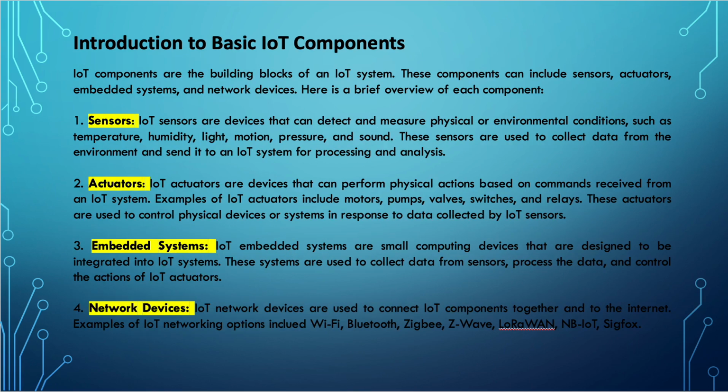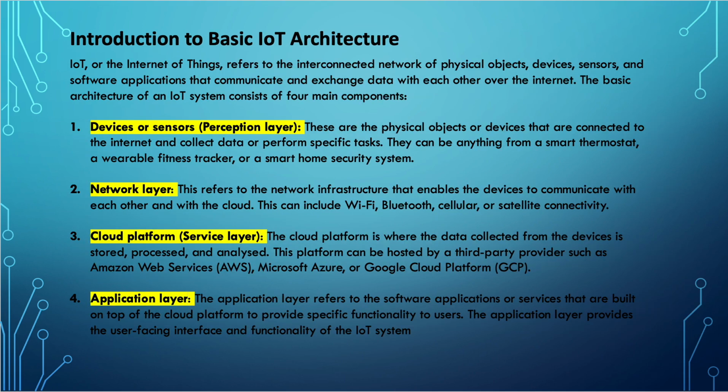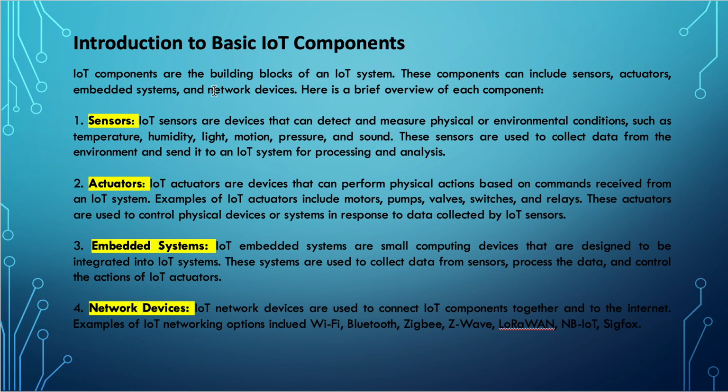Then we can go into the introduction to basic IoT components, right? So we talked about what are the layers which make IoT. Now we are here to talk about what are the components which make IoT, right?